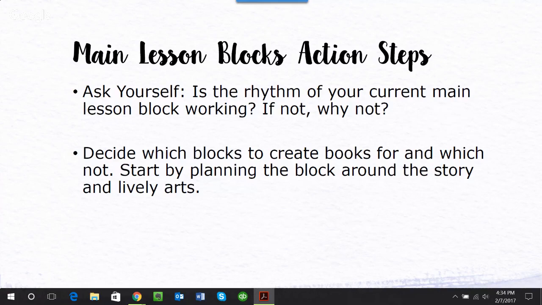Okay. And then you want to decide which blocks to create books for. You do not have to create main lesson books for every single block, which I think is very freeing. A lot of people just assume that you do it a certain way and that every main lesson block needs a main lesson book.